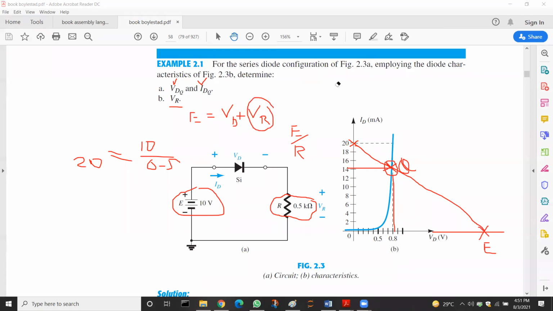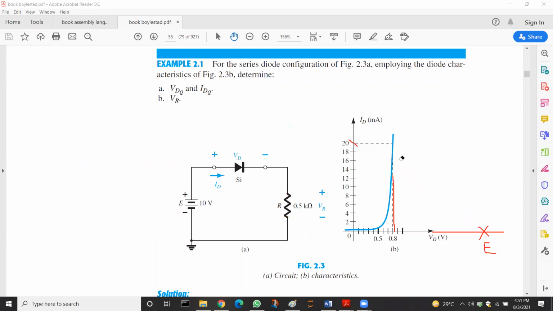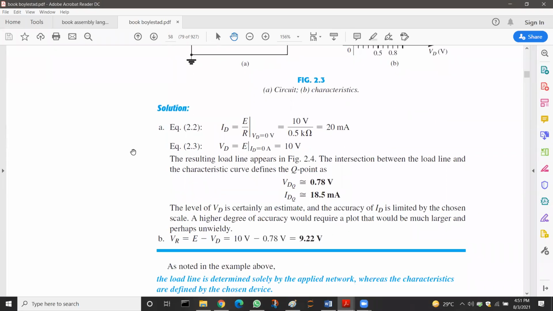Now we see how this solution is presented here in this example. As you can see, it uses the equation ID is equal to E divided by R. We get 20 milliamperes, and similarly by using VD is equal to E, we get 10 volts.